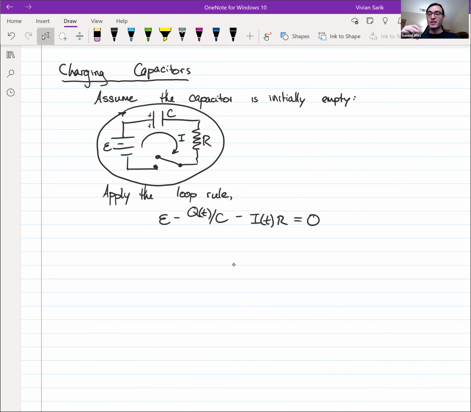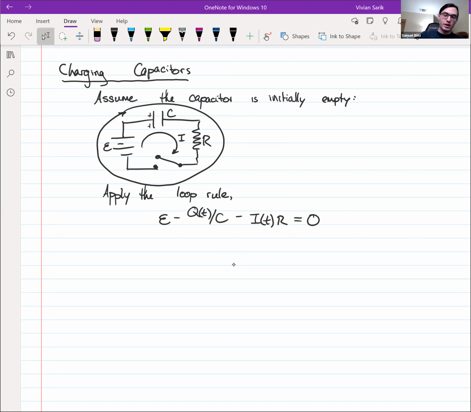Right. So now we have to ask, how does the current relate to the charge? Just like in the previous case, where the charge that was leaving the capacitor caused the current, here we have that the amount of charge that enters the capacitor has to be equal to the current flow.